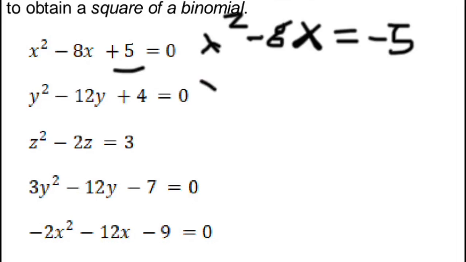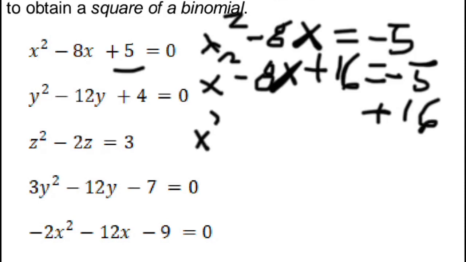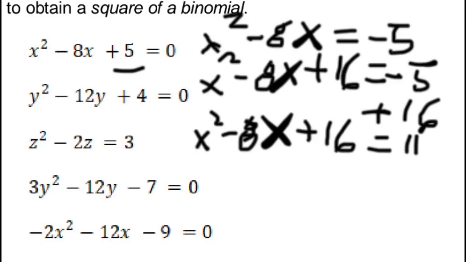So you're going to have x squared minus 8x plus 16 equals negative 5 plus 16. Negative 5 plus 16 is 11. So we have here x squared minus 8x plus 16 equals 11.